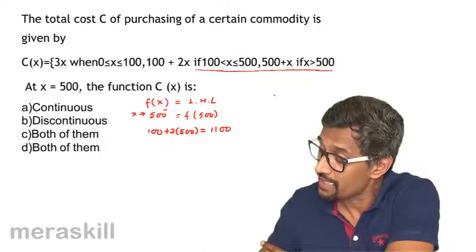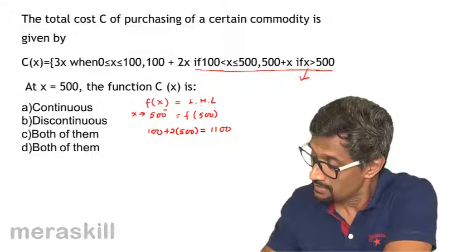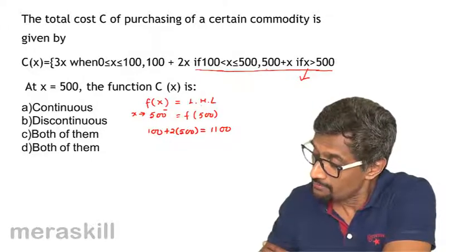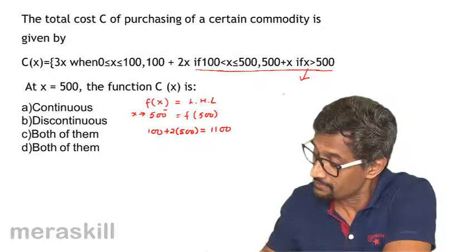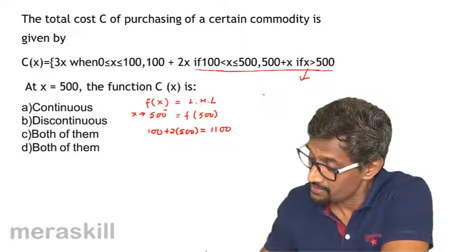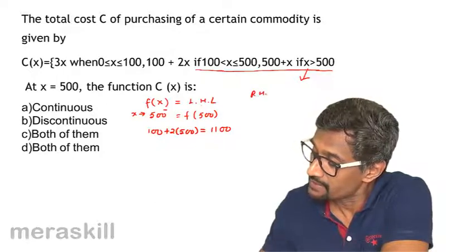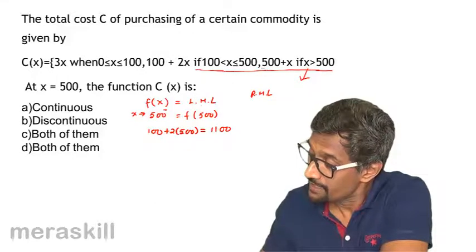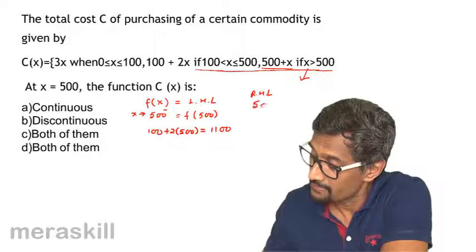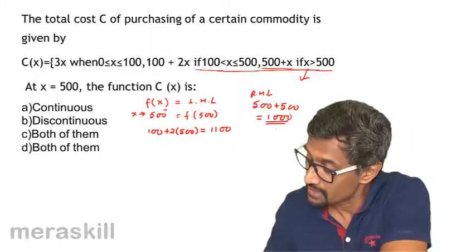Now let us check for x greater than 500. So the right hand limit is going to be 500 plus x, that is 500 plus 500, which is 1000. So you get 1000.